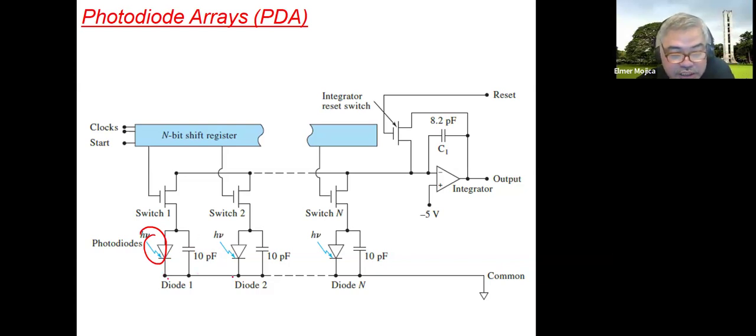So photodiode, photodiode, photodiode, they're just in parallel form. Okay, so this is not as good as the PMT because you see how many diodes you have here, and the principle that you have here is not similar to the one that you have, although both of them have this so-called photoelectric effect.